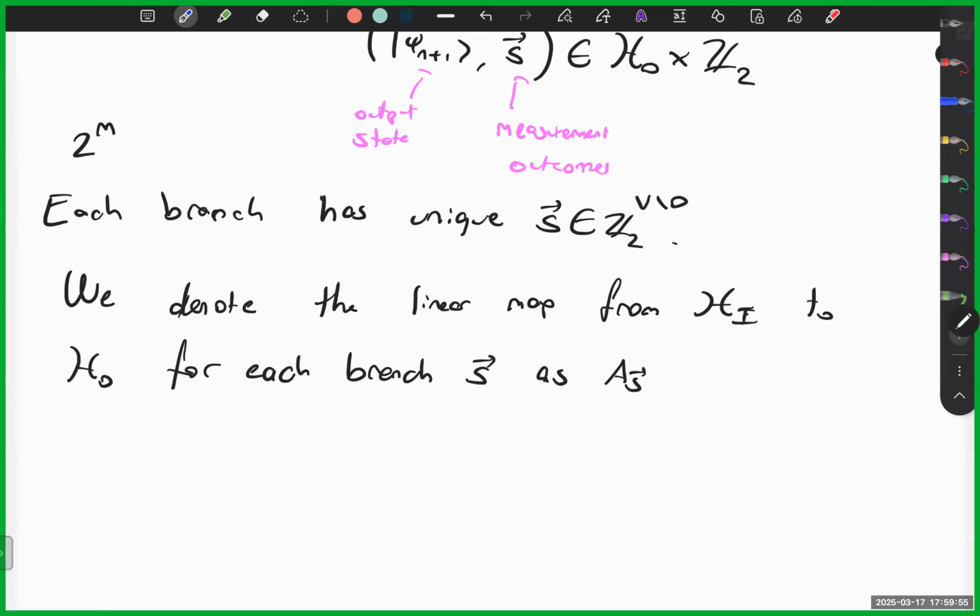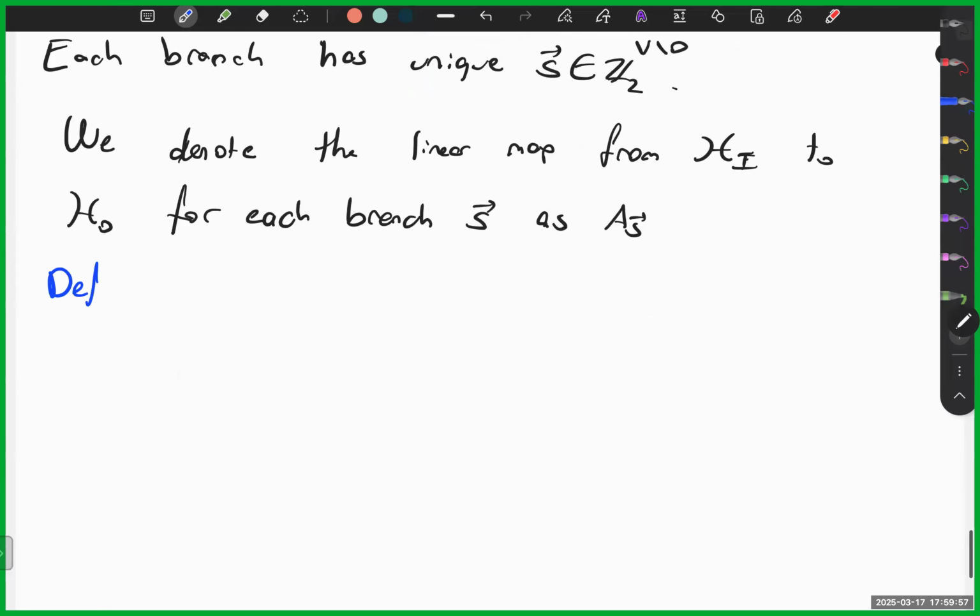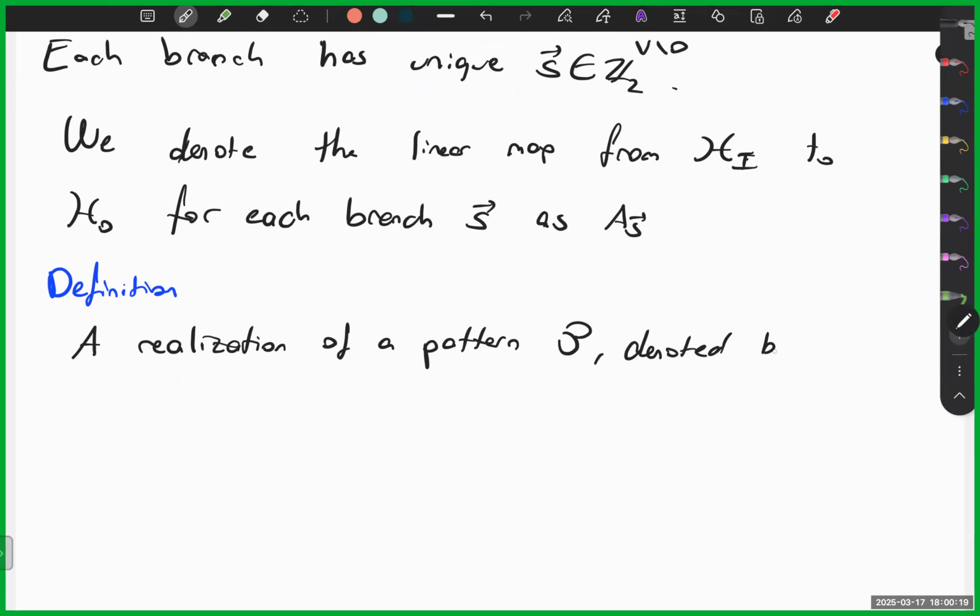And also, this gives a definition that we can define the realization of a pattern P, denoted by this awkward symbol, on density operators.